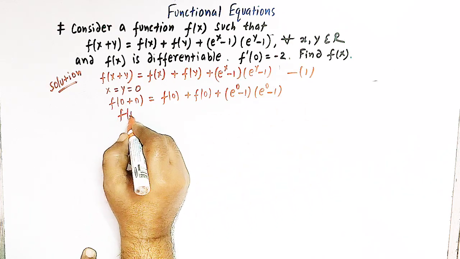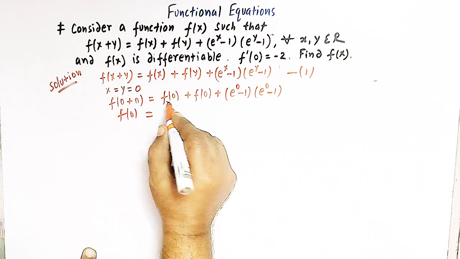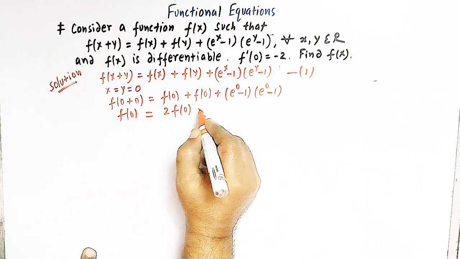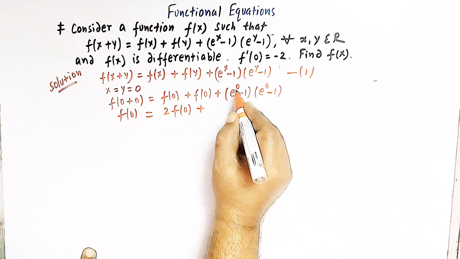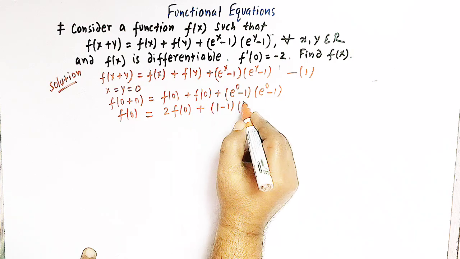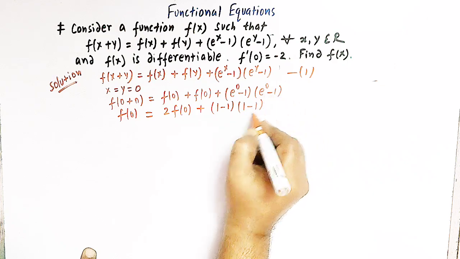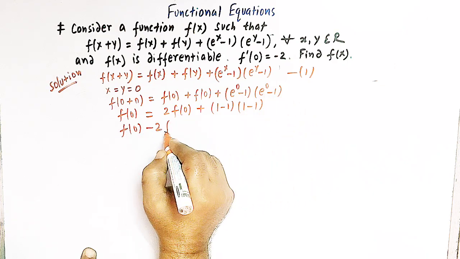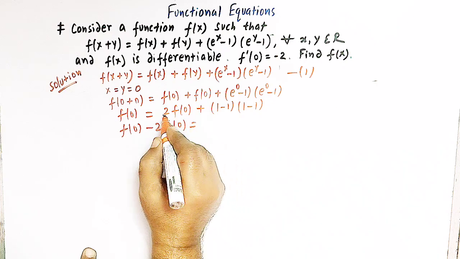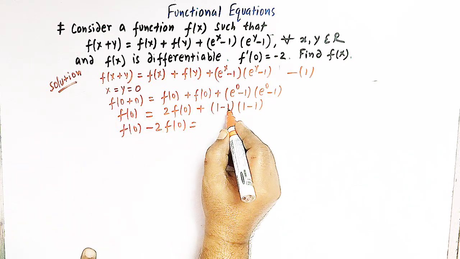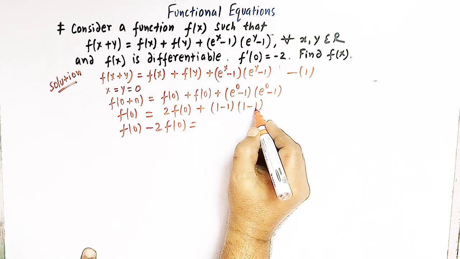So this is f of 0, and here f of 0 plus f of 0 is 2 times f of 0, and e raised to 0 is 1, so we have 1 minus 1. Here also we have 1 minus 1. So f of 0 minus 2 times f of 0, taking 2 times f of 0 to the left hand side, and this is 1 minus 1 is 0 and 1 minus 1 is 0.